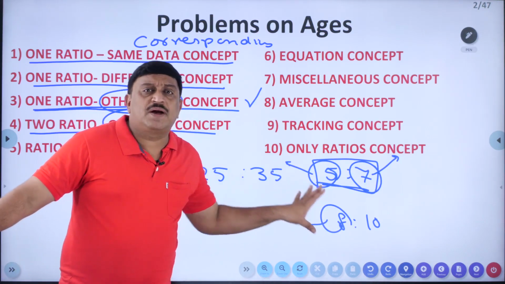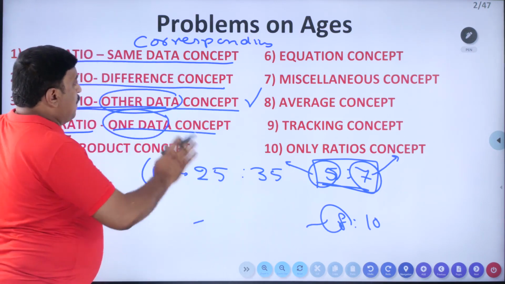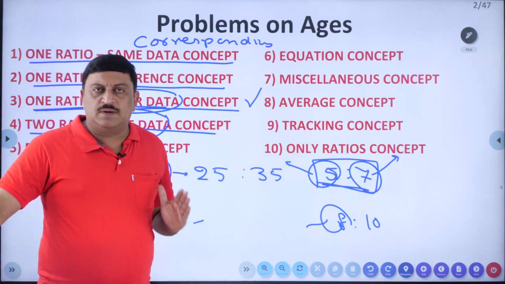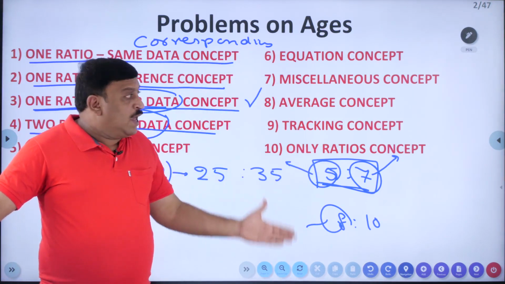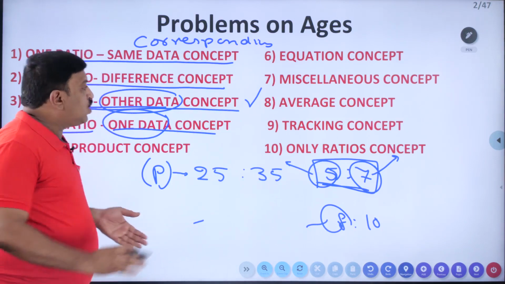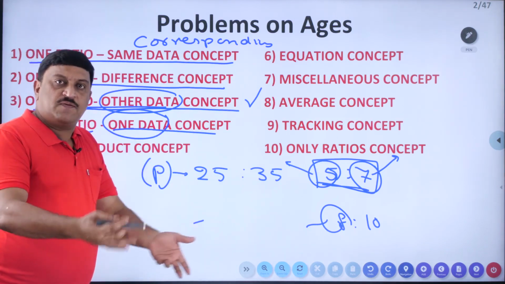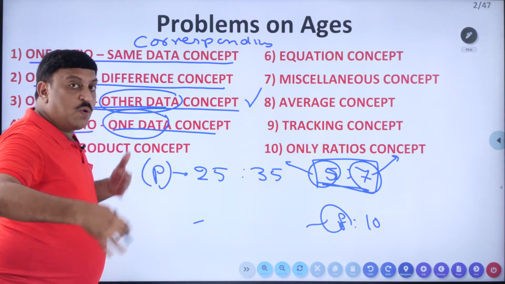This is a crucial part in our entire problems on ages. So I made this entire topic into different concepts. In these different concepts, you come across different models. Models are different, concepts are different. Concept is this one, but models will be like this.